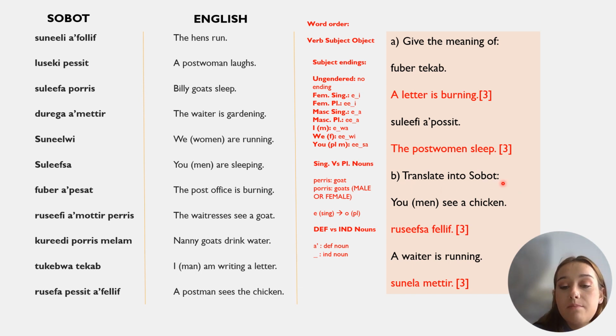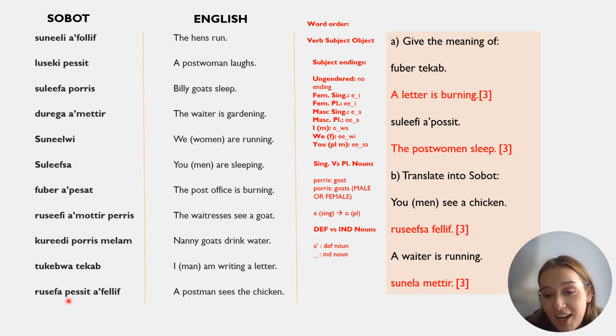Okay, and then in B, this part is a little bit trickier because you have to translate it into the language. So you look at you men see a chicken. So you're trying to find out, start with the verb first, because it goes verb, subject, object. So we're looking for the word to see. So we find that in a postman sees the chicken. So that's rusefa.